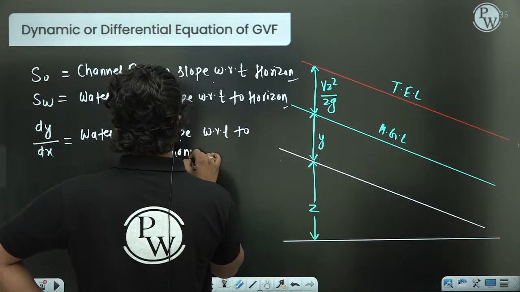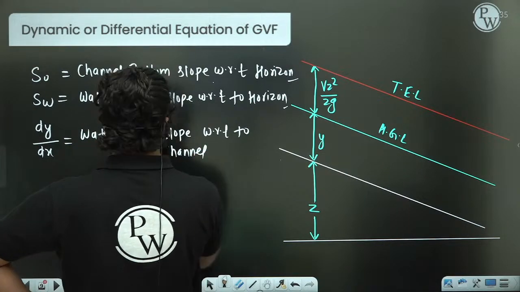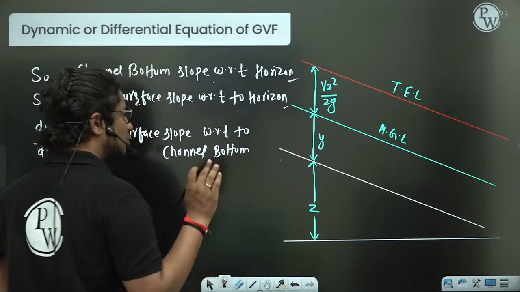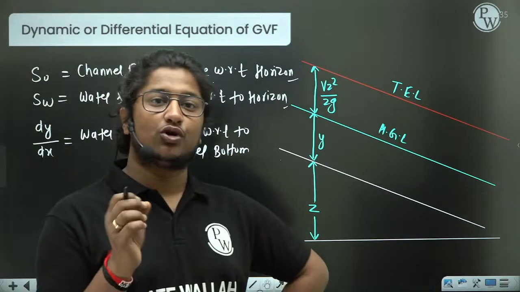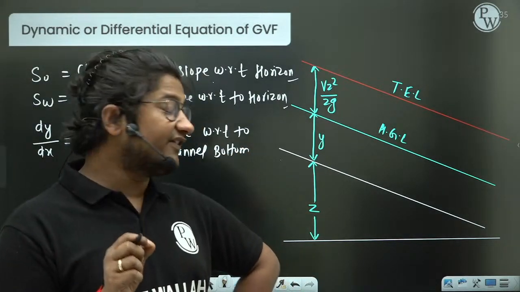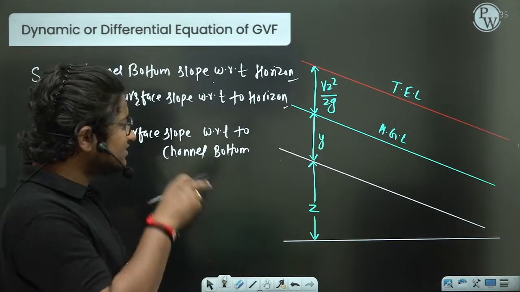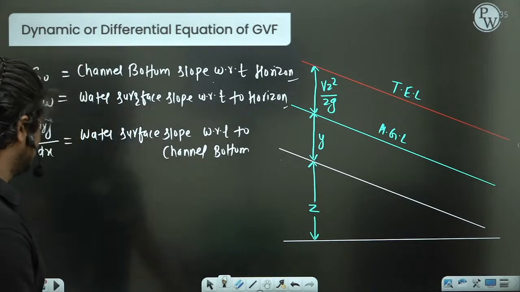That is the difference between dy/dx and SW. SW is also the water surface slope, but with respect to horizontal. dy/dx is also the water surface slope, but it is with respect to the channel bottom itself. Okay.